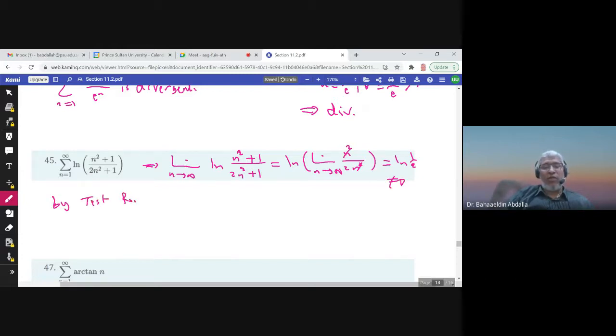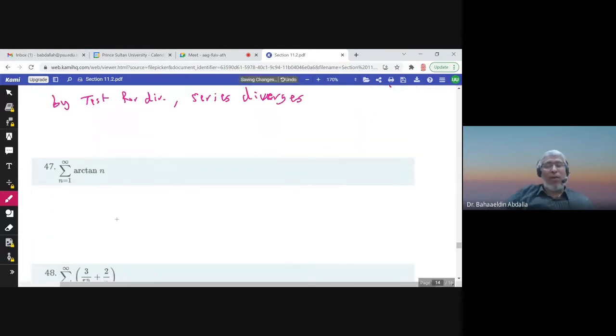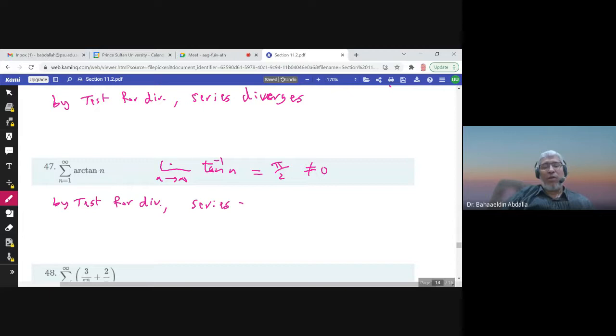So by the test for divergence, the series is divergent, or the series diverges. Arctan: if I take the limit of tan inverse n when n goes to infinity, this is pi over 2. And this is not 0. So by the test for divergence, the series diverges.